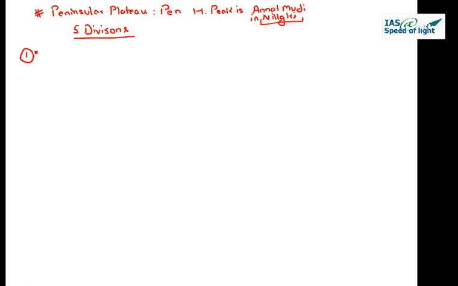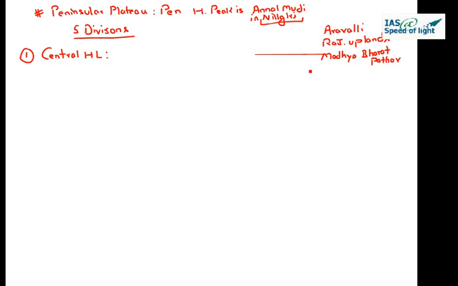The first division we call the Central Highlands. So we are going to use the shortcuts. Under Central Highlands, we are going to study the Aravallis, Rajasthan uplands, Madhya Bharat Pathar, Bundelkhand Plateau, Vindhyan Range, Malwa Plateau, and then finally the Narmada Valley.